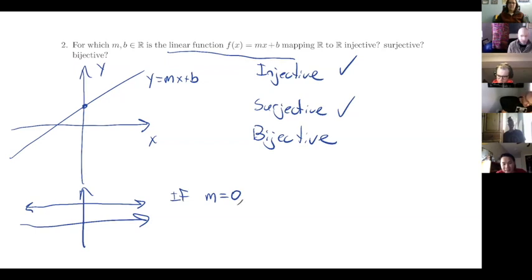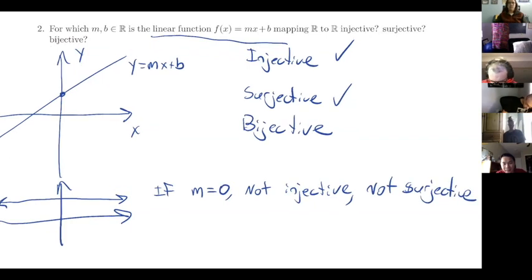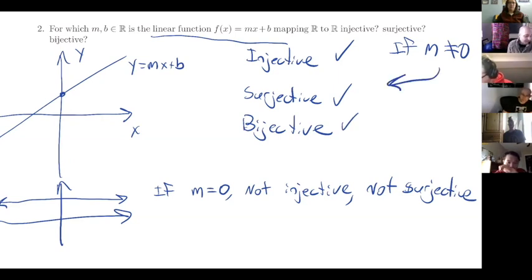So in this case, it is not injective. Everything gets mapped to the same value, and it's not surjective. So as long as m is not equal to 0, then we'll have injectivity, surjectivity, and thus bijectivity, and b doesn't make a difference at all, right? b is just a shift of this function.